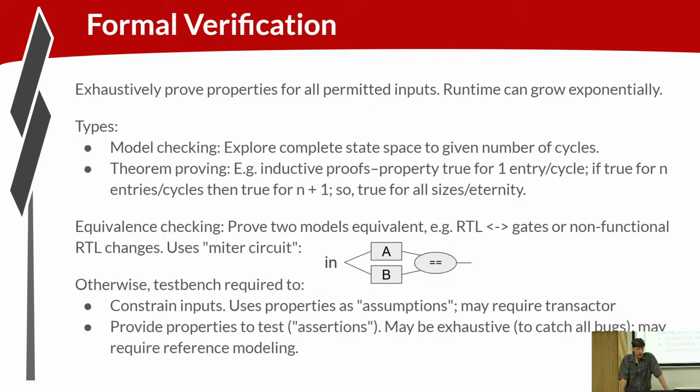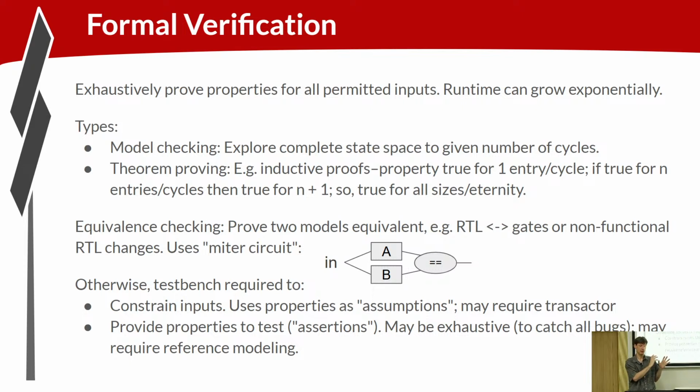Theorem proving, unlike model checking, which is bound to a certain number of cycles, ensures properties for all of time. A common approach with theorem proving is induction. For example, I can prove a property for a structure that contains one entry.